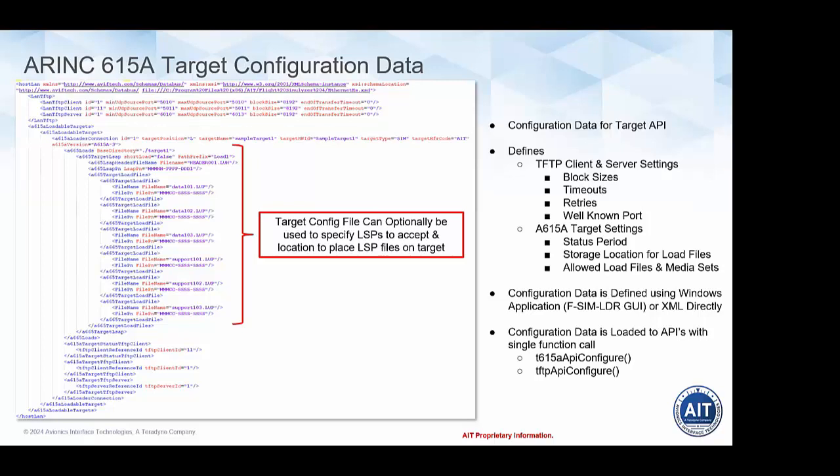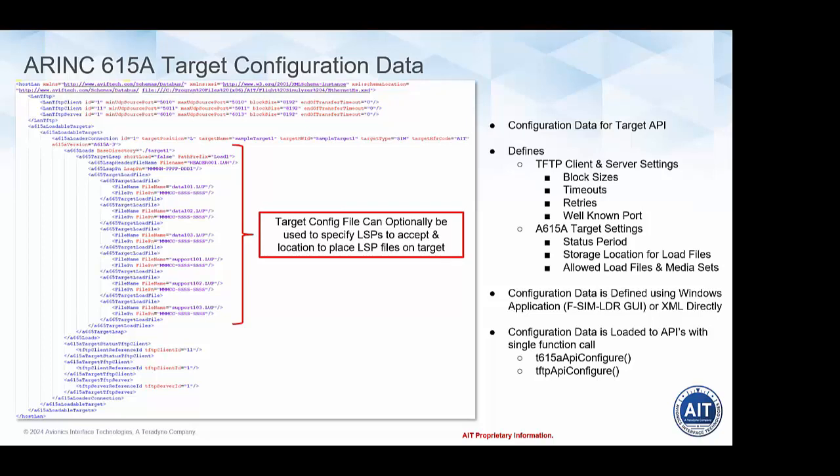And it can, in your application code, make the decision if it wants to keep those parts or not. But we also provide the option to keep your application code more simple, where you can specify in the XML config which loadable software parts you want to receive. And if the part that comes in from the data loader has been specified in the config, rather than asking your application, the library will just handle that part as specified in this XML config.